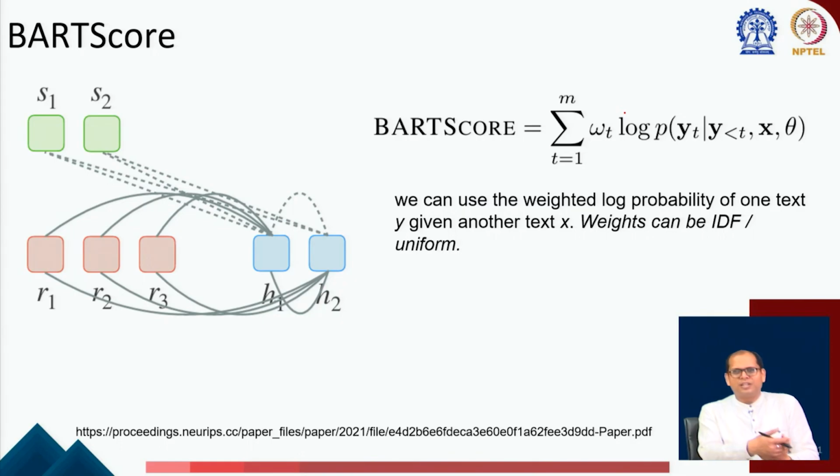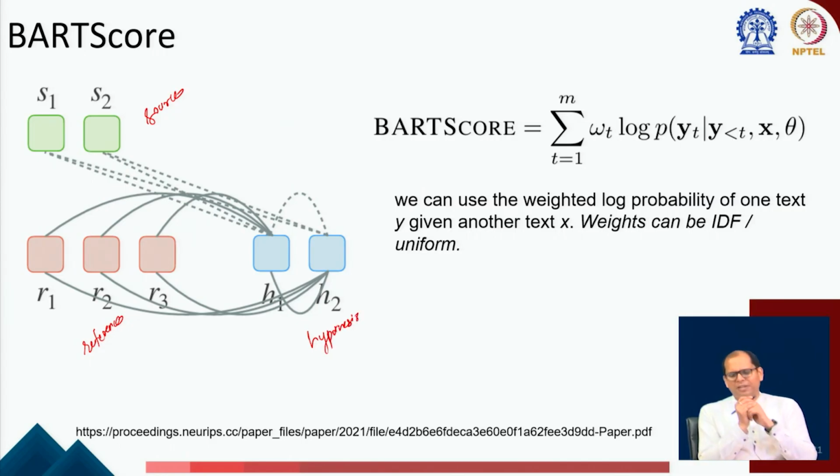And there is also another score that is popular, that is called BARTScore. So what is the idea? So let's say you have this, your reference. This is your reference summary. This is your source document, and hypothesis is what you have generated, right?